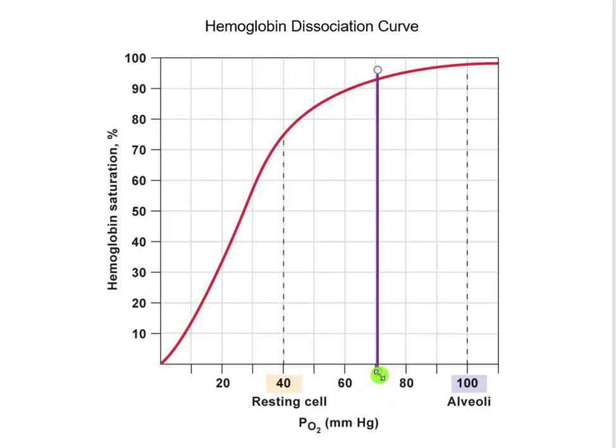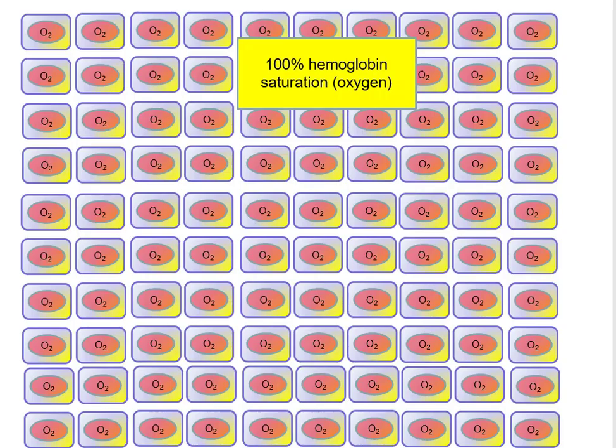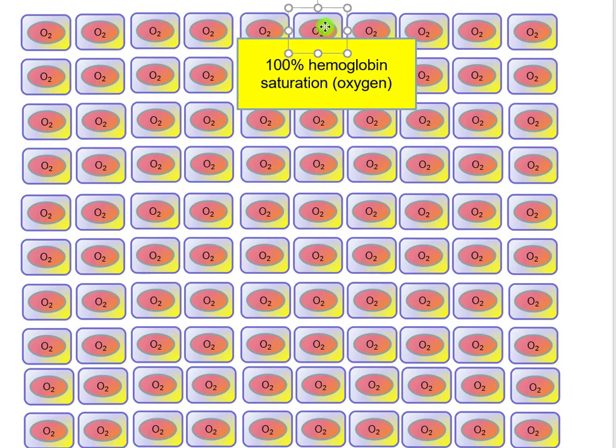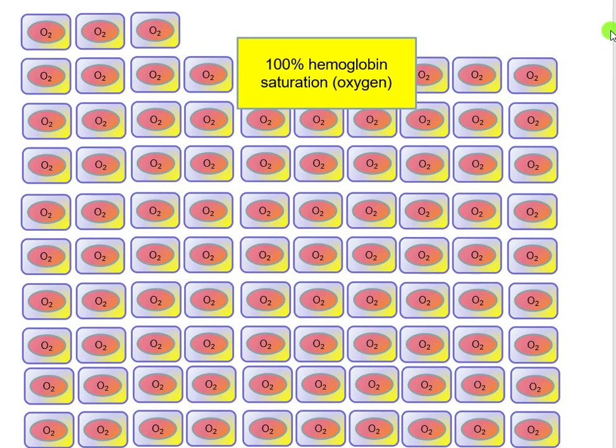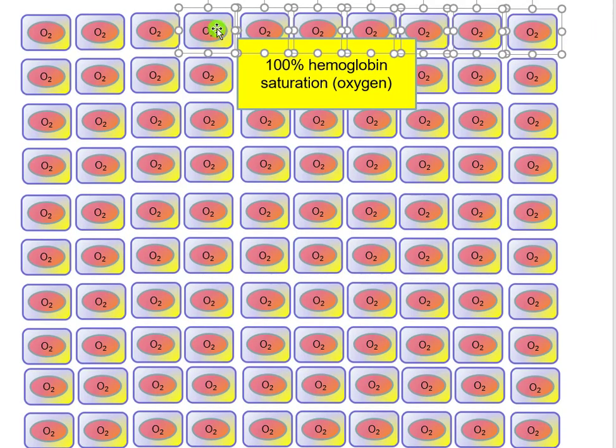What that means is that at your lungs, even though you've compromised and now you only have a 70 millimeters of mercury PO2 at the lungs, really what we're looking at is simply only, let's see, 1, 2, 3, 4, 5, 6, 7, 8. 8 of these are now empty-handed. Oops, that's not what I meant to do.